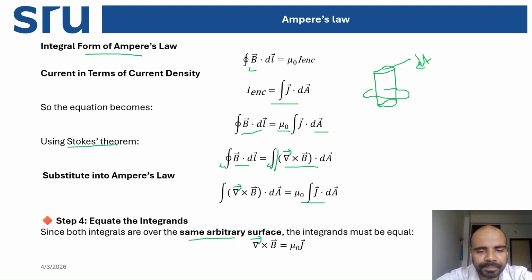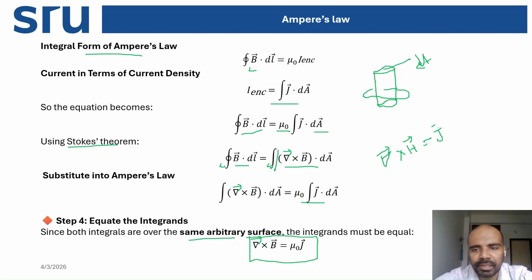So this is the differential form of Ampere's law, right? Or you can say in terms of magnetic field intensity, that is H, curl H equal to J, right? J is the current density, current per area, right?